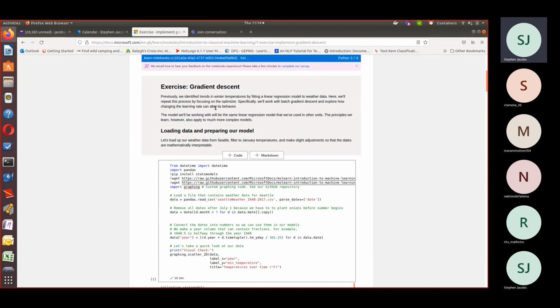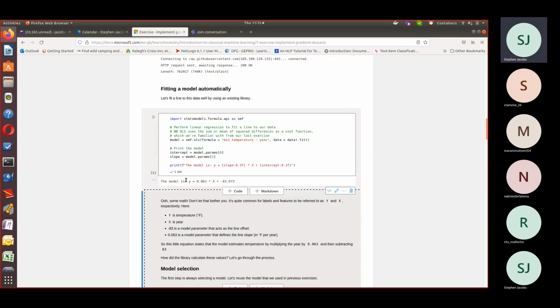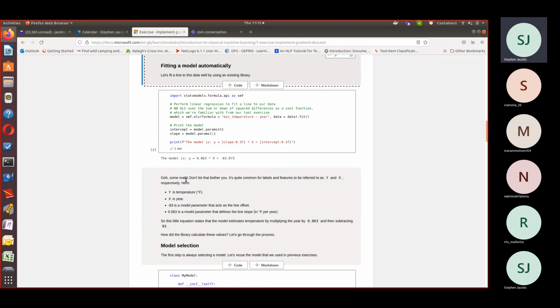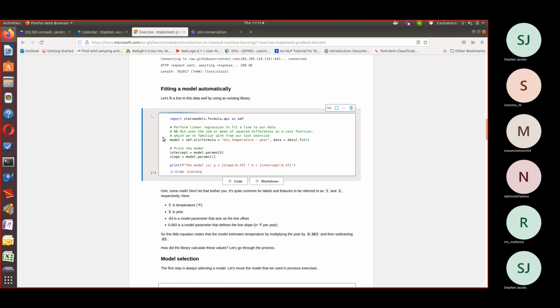Okay, it's here, isn't it? Up to where it comes to pandas. Yeah, there it is. So I need to do that. Still waiting. Okay, and then I need to fit my model automatically.